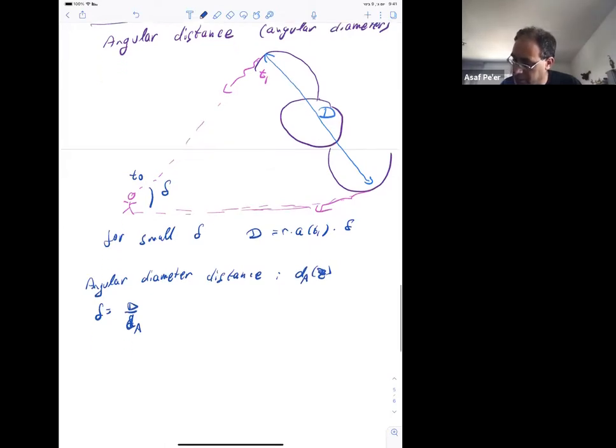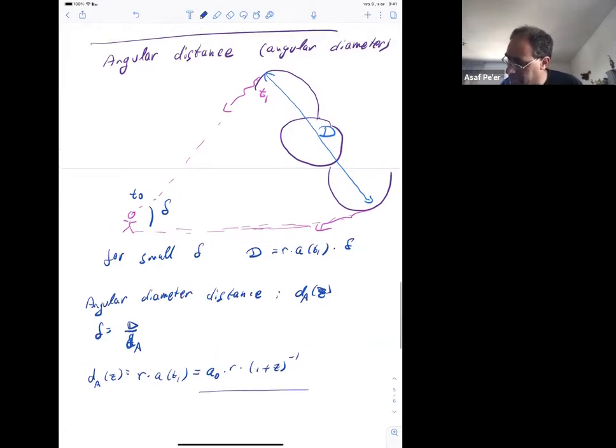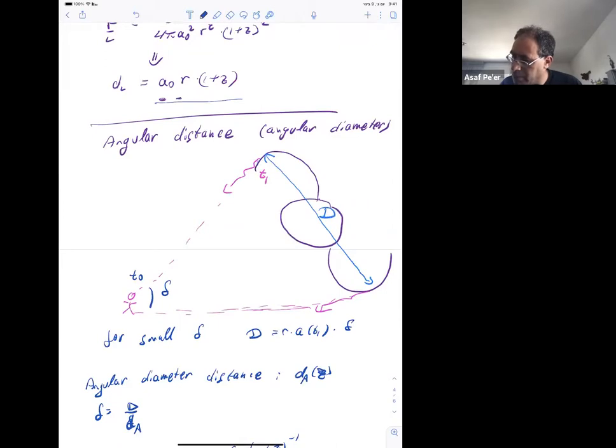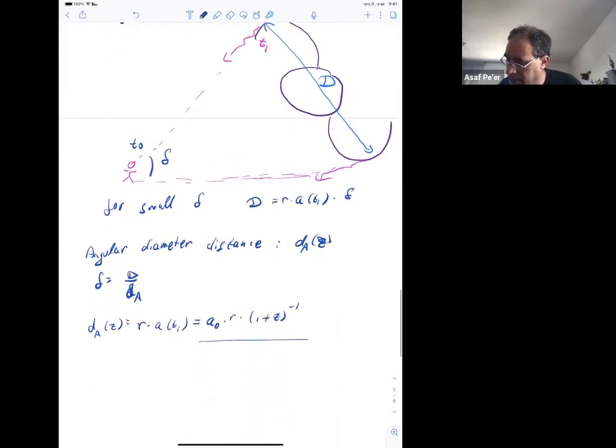So dA of Z is R times a of T1, which is a0 times R divided by 1 plus Z, because a of T1 is a0 divided by 1 plus Z. So when we compare those two, we immediately get that dA and dL are not the same, but rather dL is equal to dA times 1 plus Z squared.